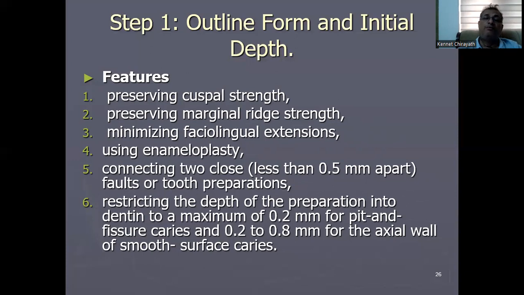Enameloplasty has to be done. If two cavities on the same tooth are so close that the distance is 0.5 millimeter, you make it a single cavity, and the depth should always be placed in the dentine. Why? Because the dentine has a resilient property that we will discuss later.